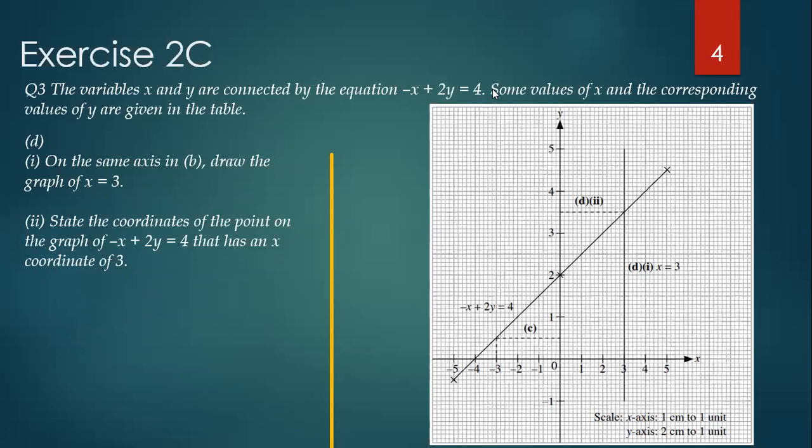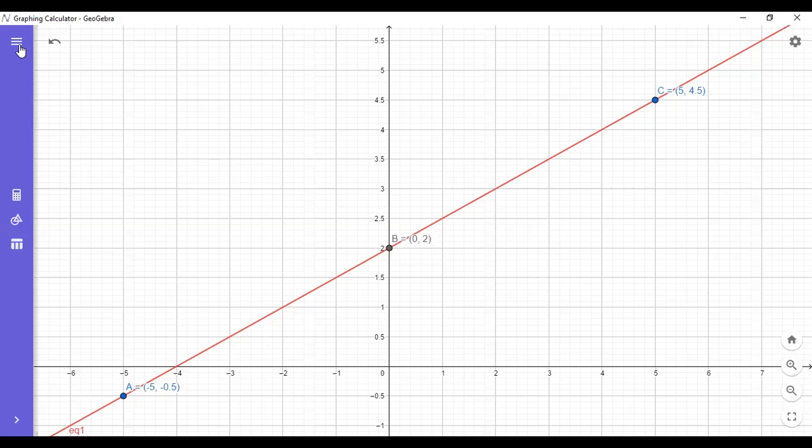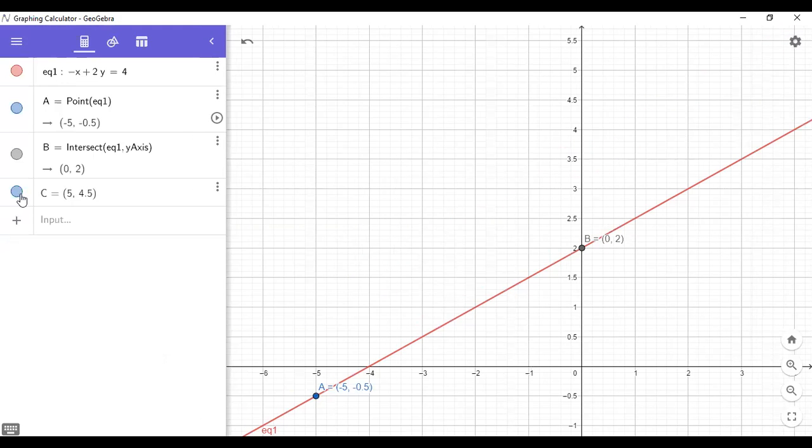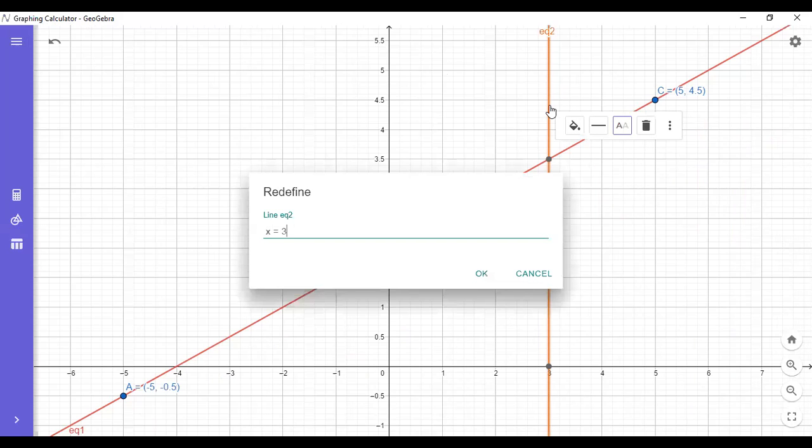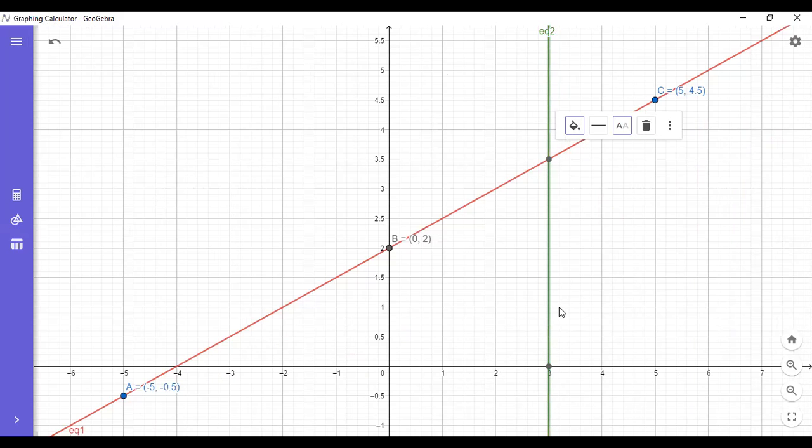See what result it gives. So as you can see, now this line, let me change the shade of this at least. Let me make this green. So this line's equation is x equals 3.